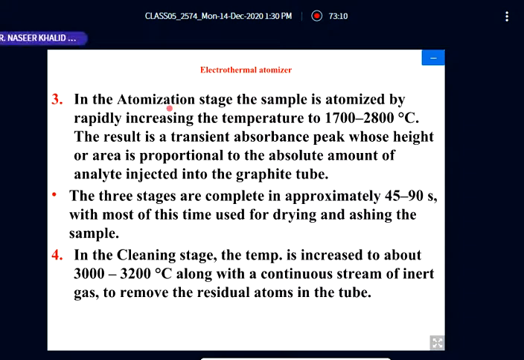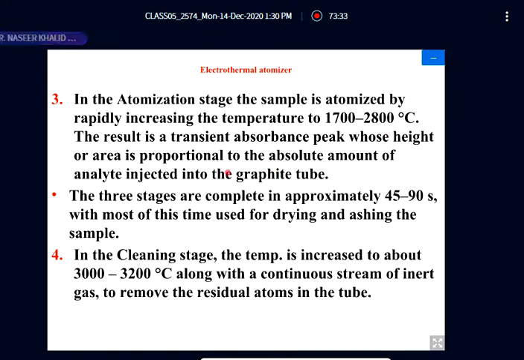In the third stage, the atomization. In the atomization stage, we increase the temperature rapidly. We were at 1200 degrees centigrade. Now we increase the temperature from 1700 to 2800 degrees centigrade within seconds.